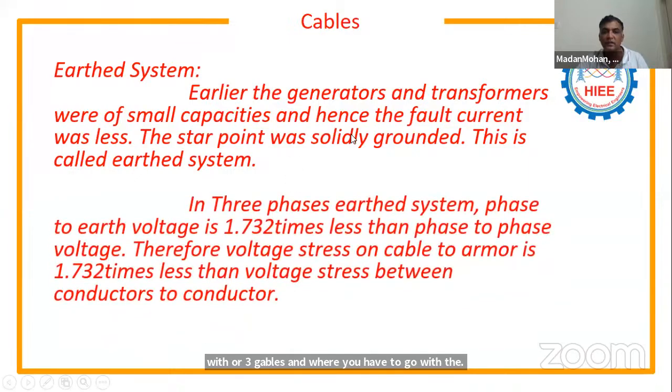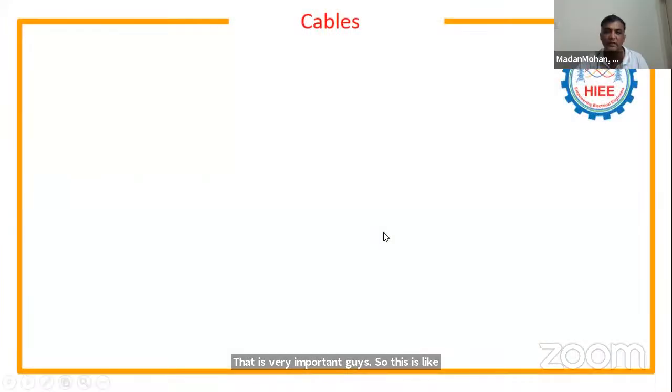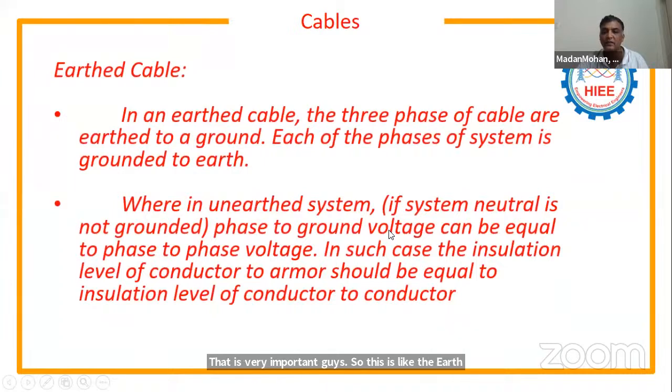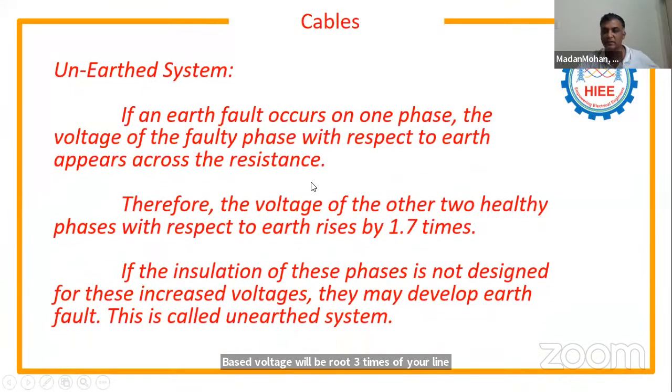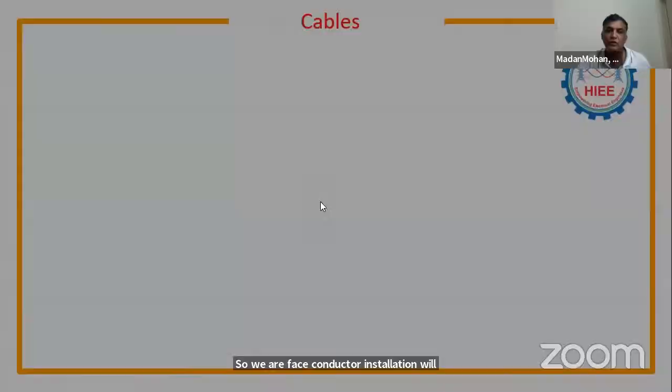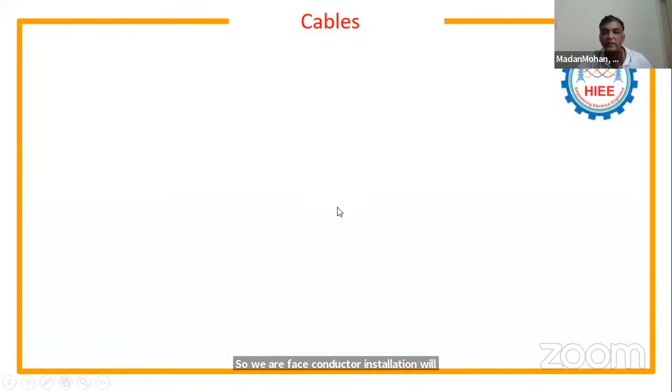So this is the earthed system I explained, and obviously for earthed cables your phase voltage will be line voltage divided by root 3. For unearthed cables, your VL is equal to V phase. So your phase conductor insulation will be equal to the line voltage. So again, if your system is a solidly earthed system, there you have to go with the earthed cables.